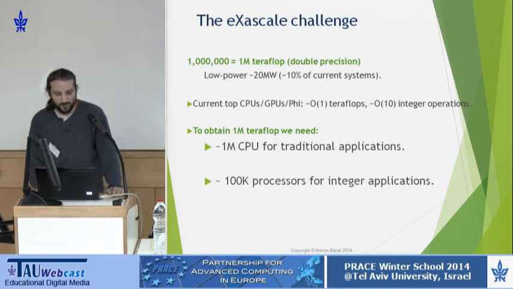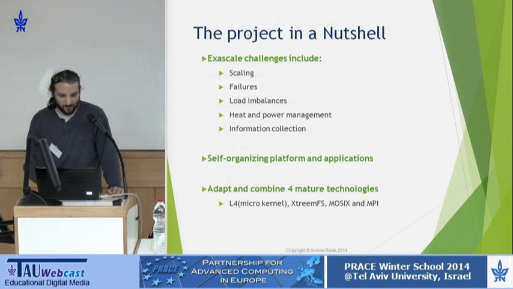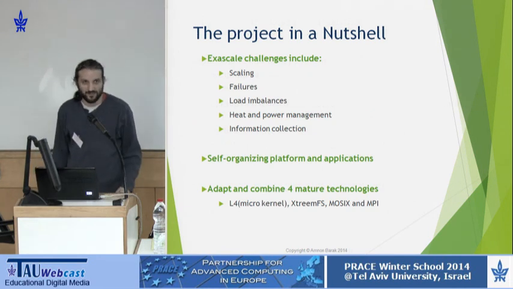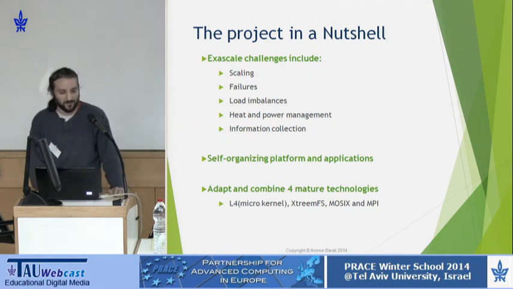Current top CPUs or GPUs or processors like that are around 1 teraflops. That means that in an Exascale system we'll have like 1 million CPUs. So that's the amount of CPUs we need to handle in an operating system that should run on Exascale.